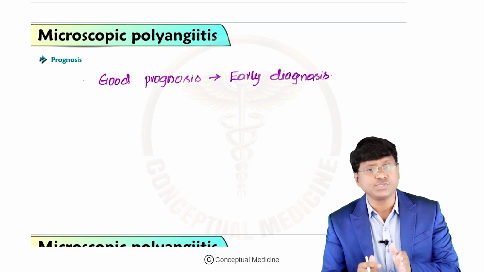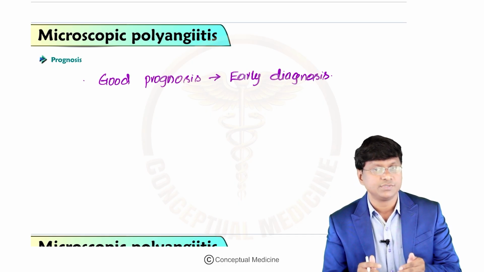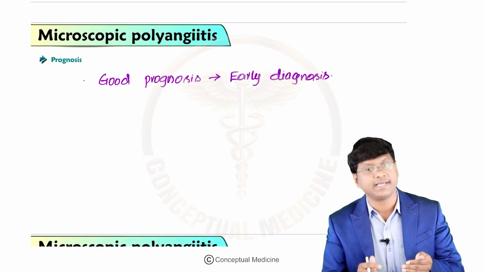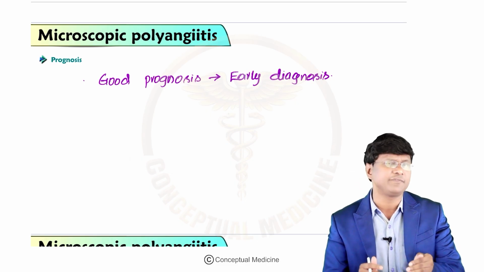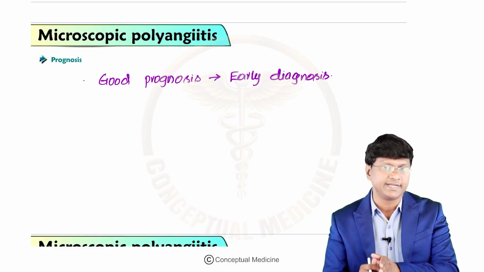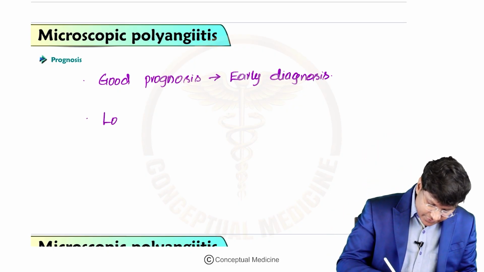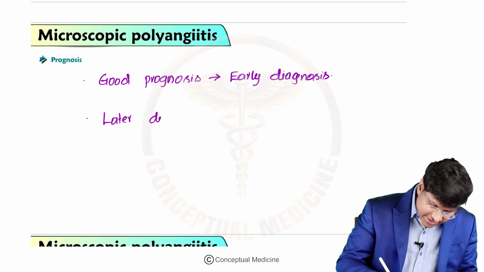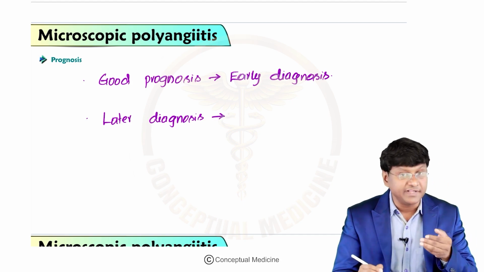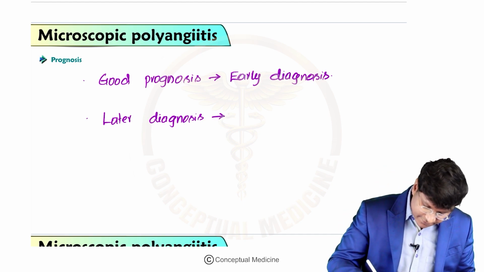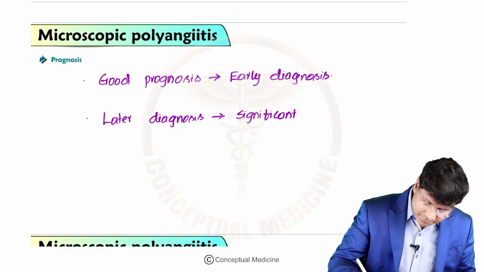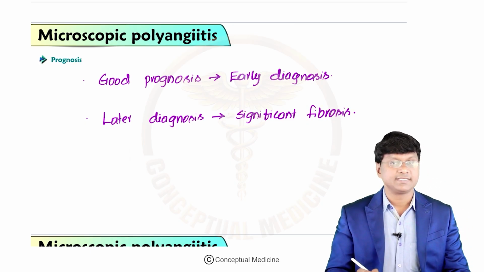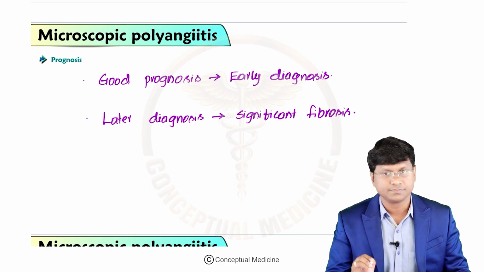Compared with patients who have granulomatosis with polyangiitis, those who have microscopic polyangiitis are more likely to have significant fibrosis on renal biopsy because of later diagnosis. So when there is a delayed diagnosis, there is a very high chance of development of significant fibrosis, right?